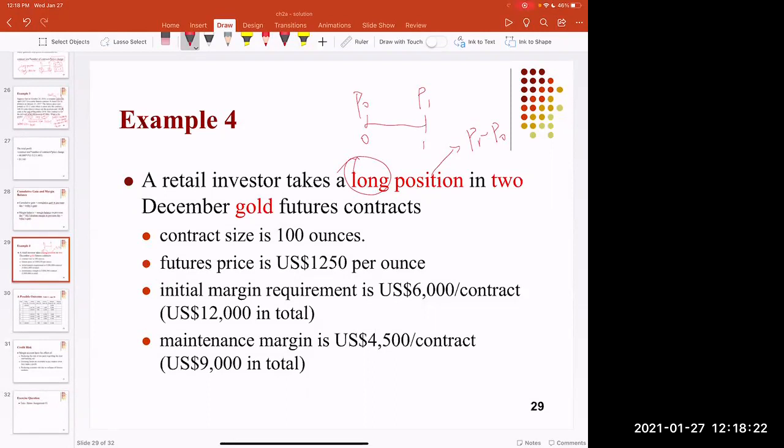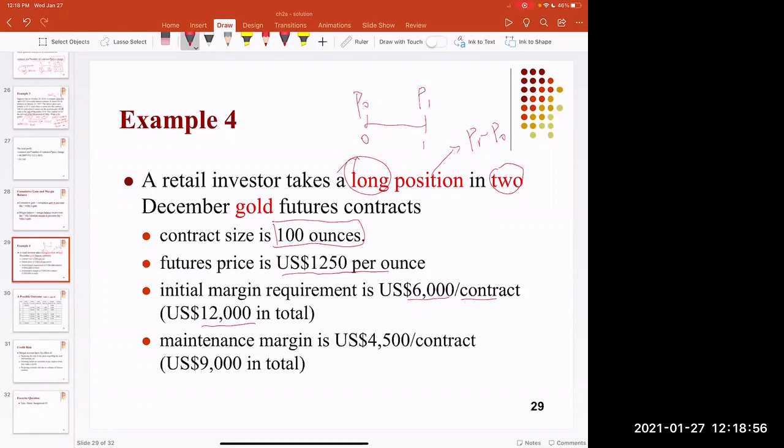And the number of contracts is 2, December gold futures contracts. They give you the contract size, which is 100 ounces. Futures price is 1,020.250 US dollars. Initial margin requirement is 6,000 per contract. Here 6,000 is per contract, and you have 2 contracts, so the initial margin is 12,000 in total.